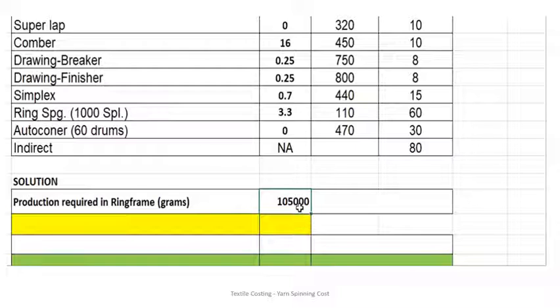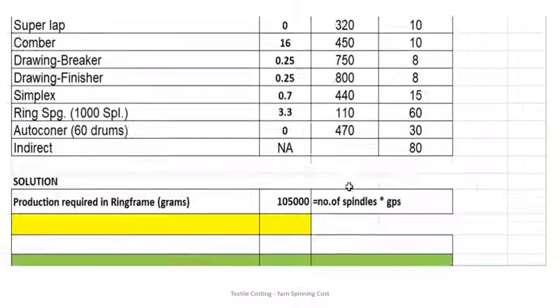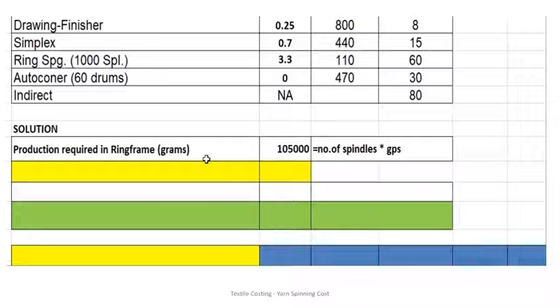For 1000 spindles, it is 105,000, which is nothing but the number of spindles into GPS. So it is 1000 into 105, which is 105,000 grams. We have to convert this into kgs. So this is the production required at ring frame in kgs, 105.